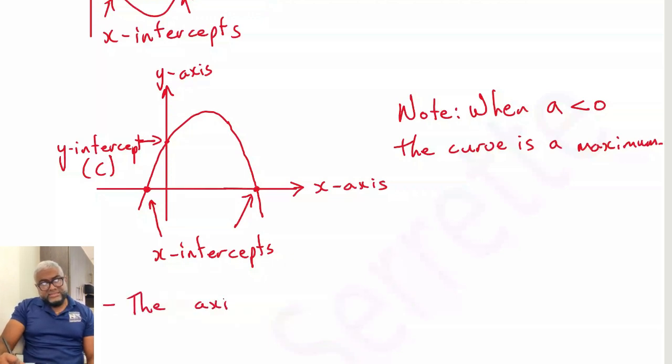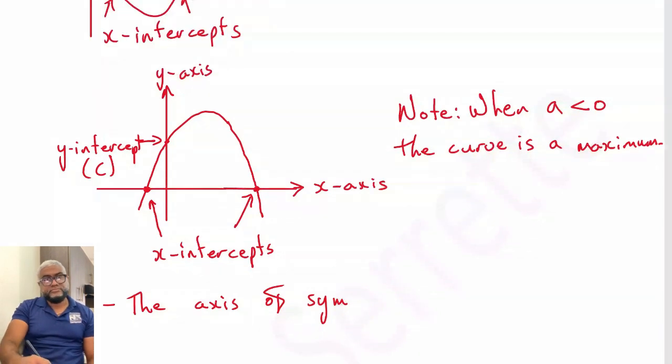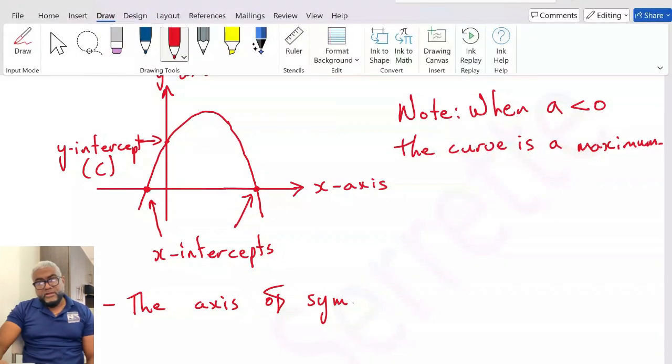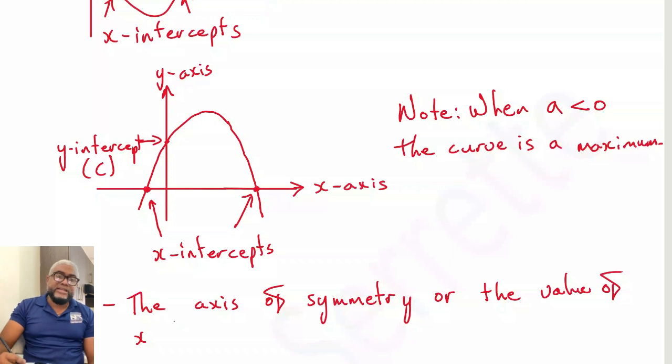The axis of symmetry, or sometimes they say the value of x. Put in our word here, the equation.